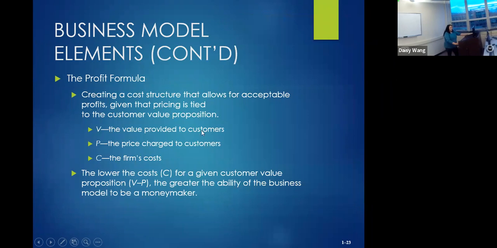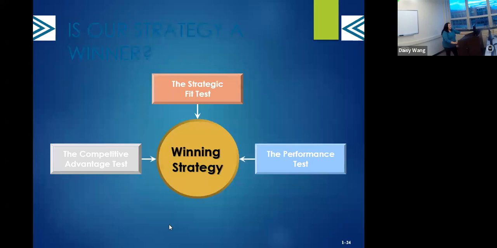So this is the value proposition model. The lower the cost, usually we hope we still give certain value to a customer higher than the price, and then the customer will buy it.